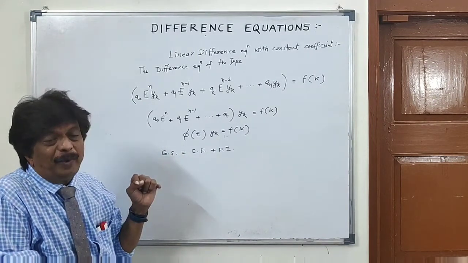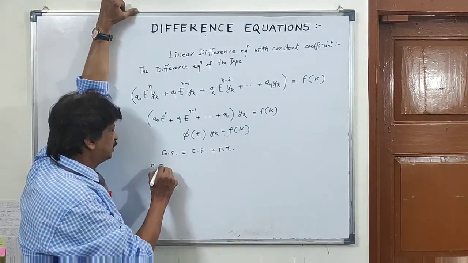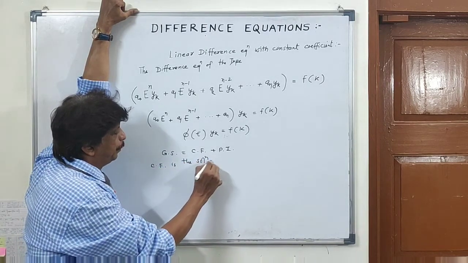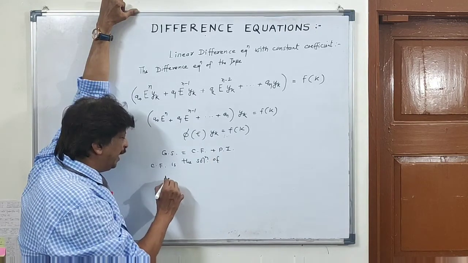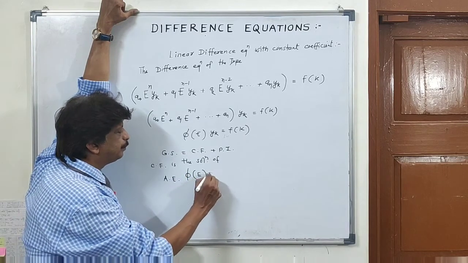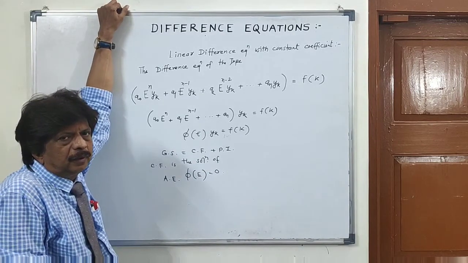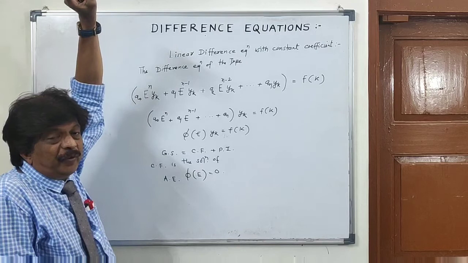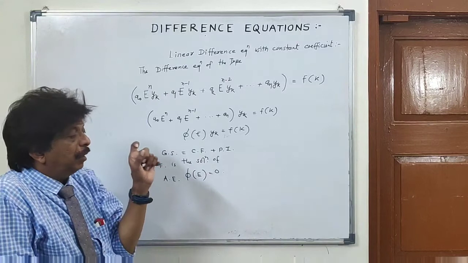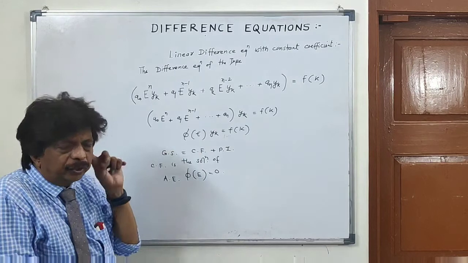Now, what is complementary function? Complementary function CF is the solution of auxiliary equation phi of E equal to 0. In linear differential equation, we used to find the auxiliary equation by solving f of D equal to 0. Here, phi of E is equal to 0.